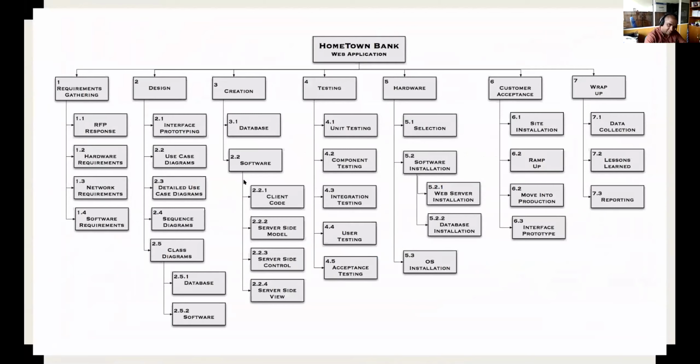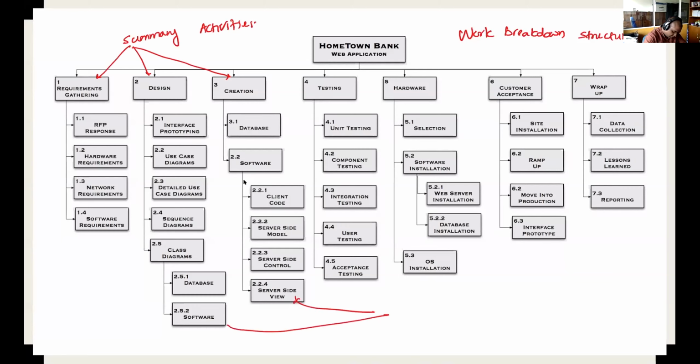Work breakdown structure. This is for a web application. So if you remember, these are called summary activities, and this lowest level we call activities. Of these, cost should be known. Activities, the cost should be known.